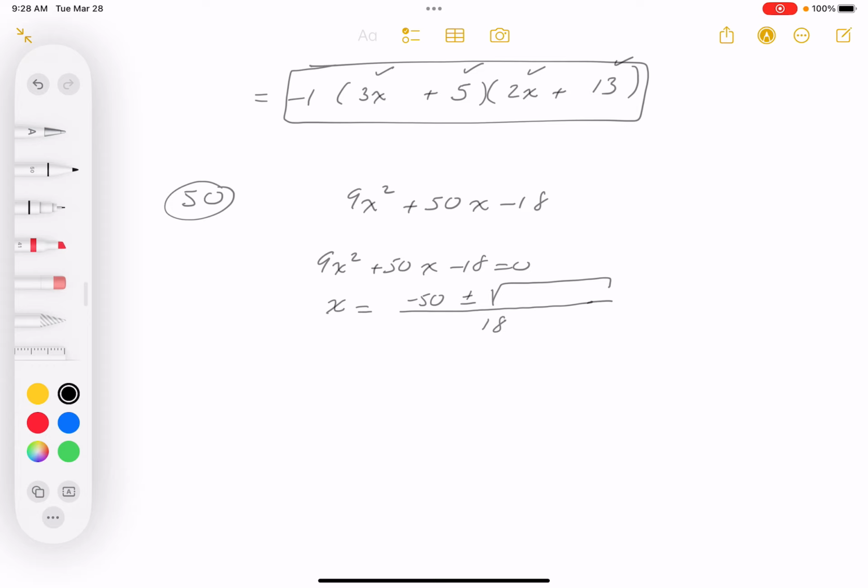It's going to be 50 squared minus 4 times 9 times the c, which is negative 18. So I'll turn this into a plus sign.